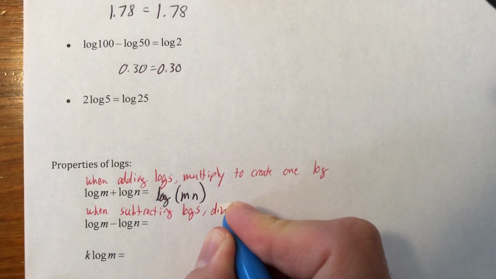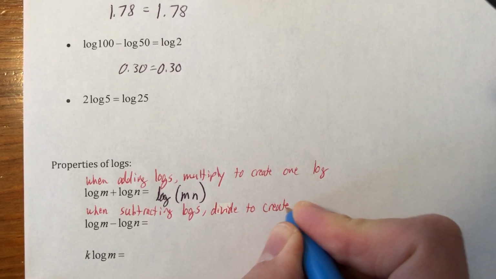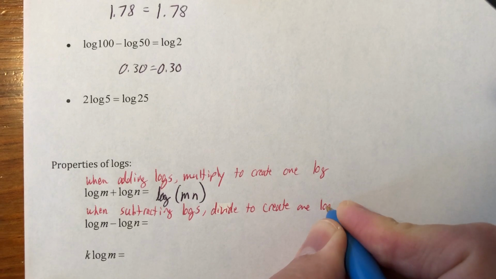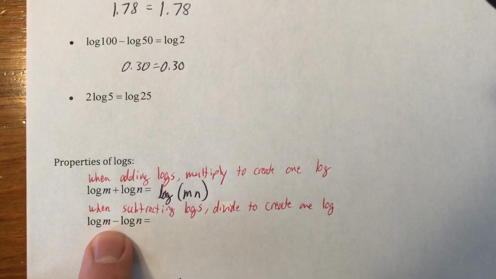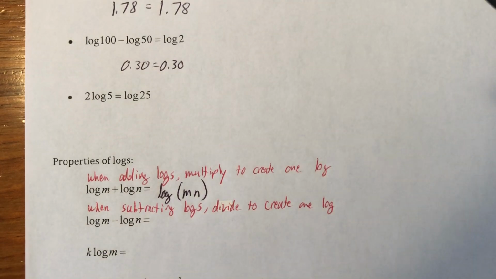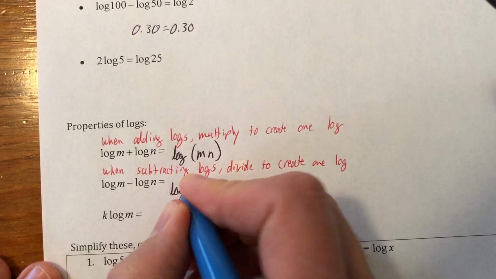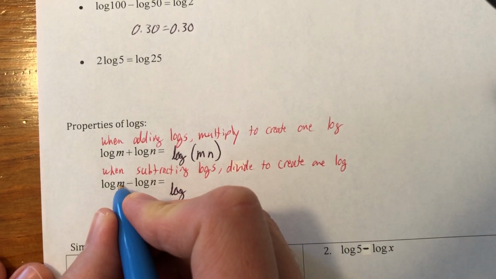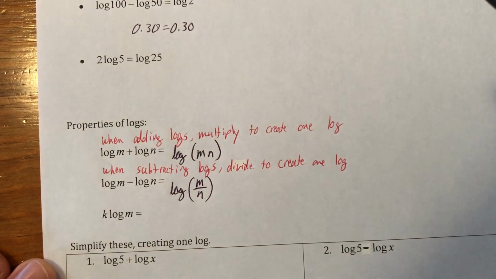You divide to create one log. And so if I had log of m minus log of n, where m and n are positive numbers, then I could just divide them and be like, well, m divided by n. So m over n. Don't make it harder than it is, right?